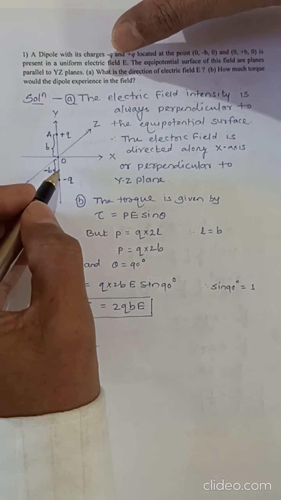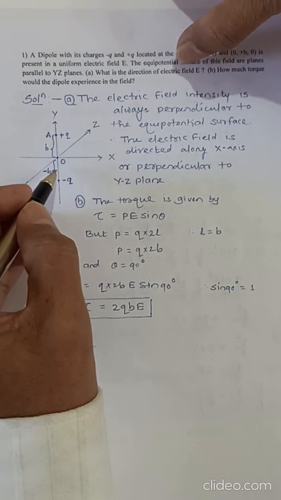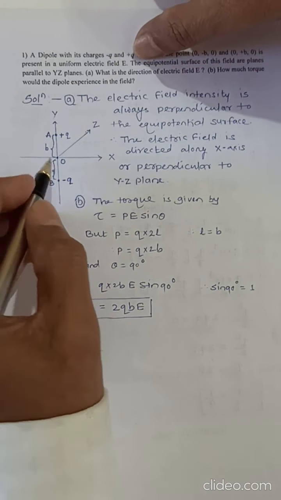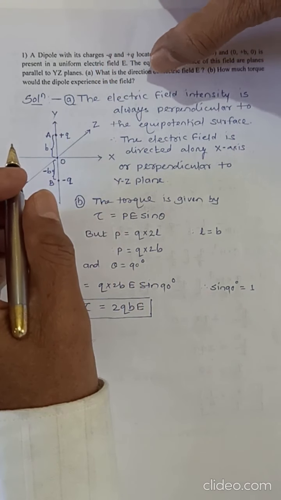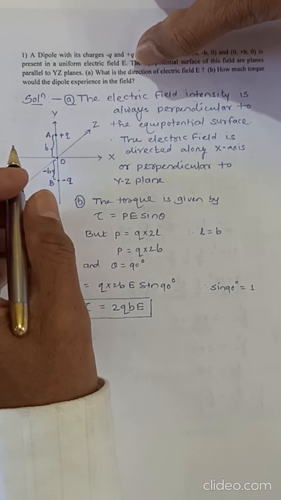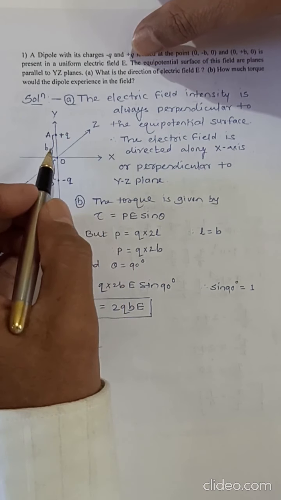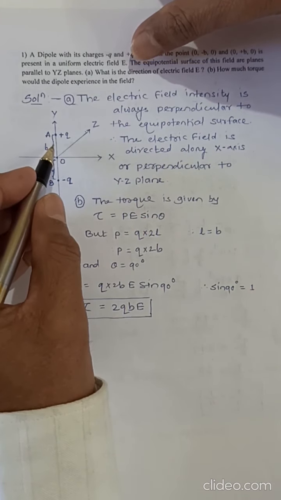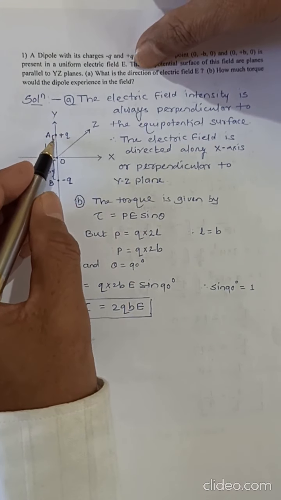Now look at the first question. What is the direction of electric field E? Actually, the electric field intensity is always perpendicular to the equipotential surface, and therefore the electric field is directed along the x-axis.